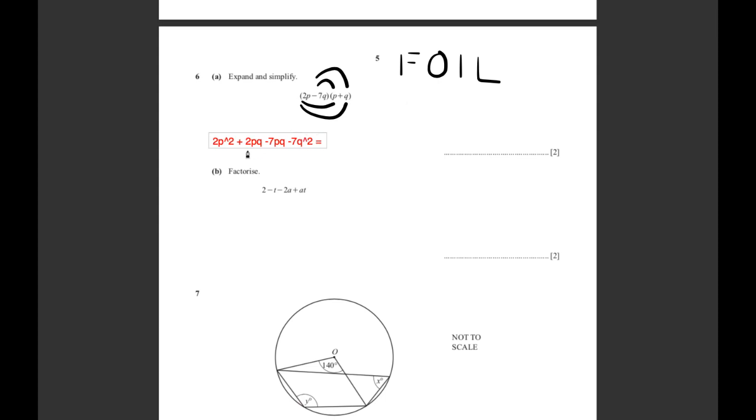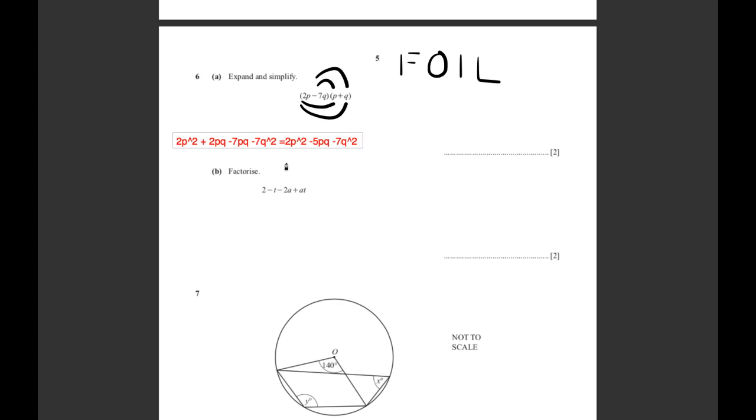Now, remember these middle terms, or cross terms, as people call them, you have to simplify those. So we've got a minus 7pq plus 2pq. Well, 2p squared stays the same. Minus 7pq plus 2pq, well that's minus 5pq, and then minus 7q squared.